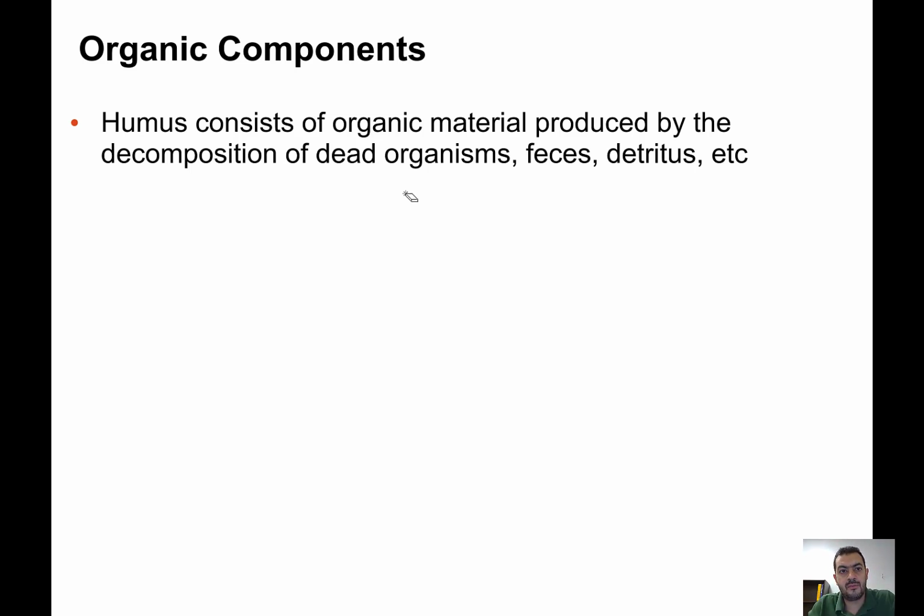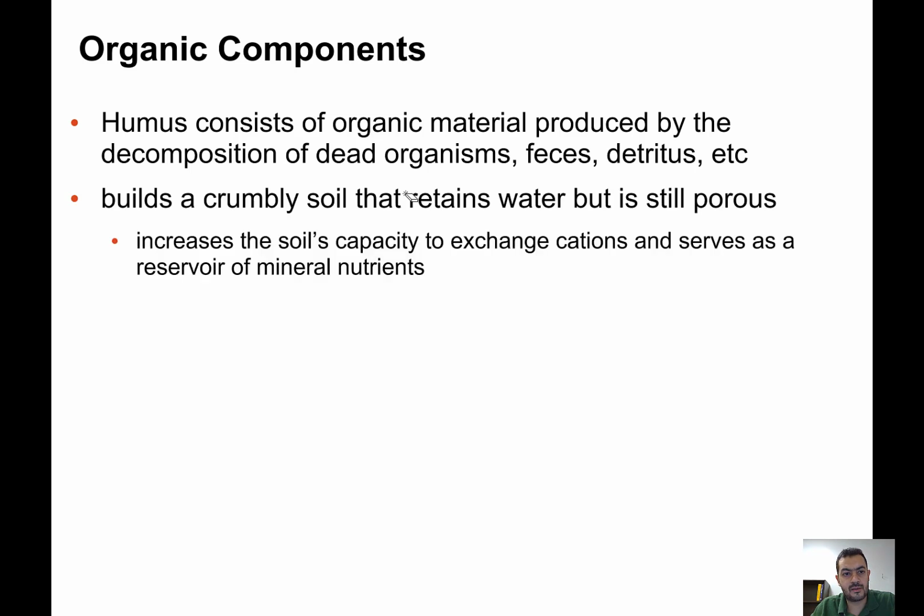This organic material is very rich in the elements that were in the producers of this organic material. When they are decomposed and these elements are returned back to the soil, that makes this soil a very good reservoir of mineral nutrients.